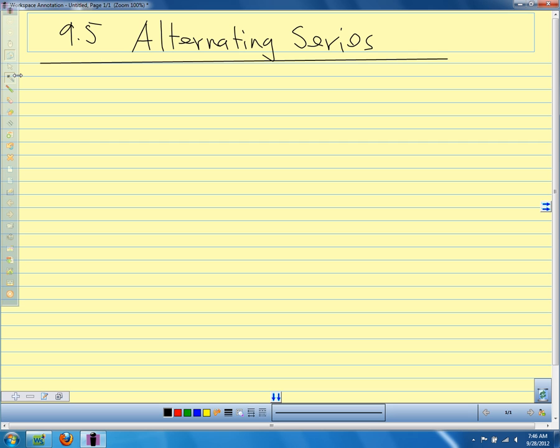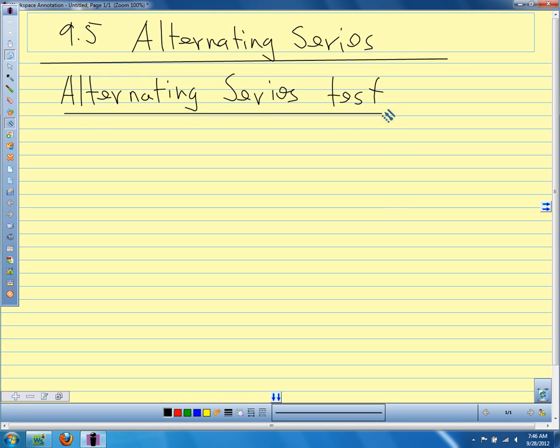So our test for convergence for alternating series is the alternating series test. And our alternating series test, we need to satisfy two conditions.